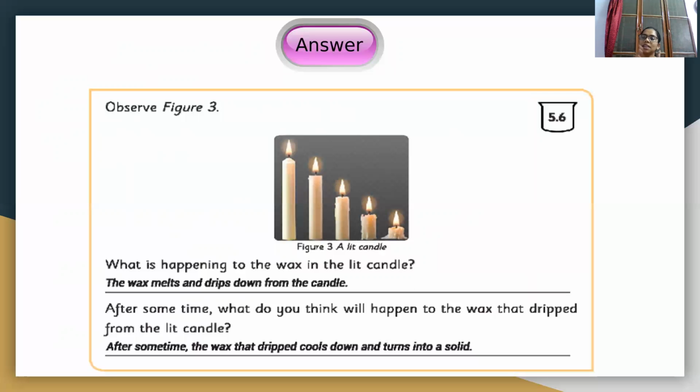So this is liquid changing into solid. So this is the thing we are going to see in this lesson, the changes that can happen in the three different states of matter. Let us see the session.